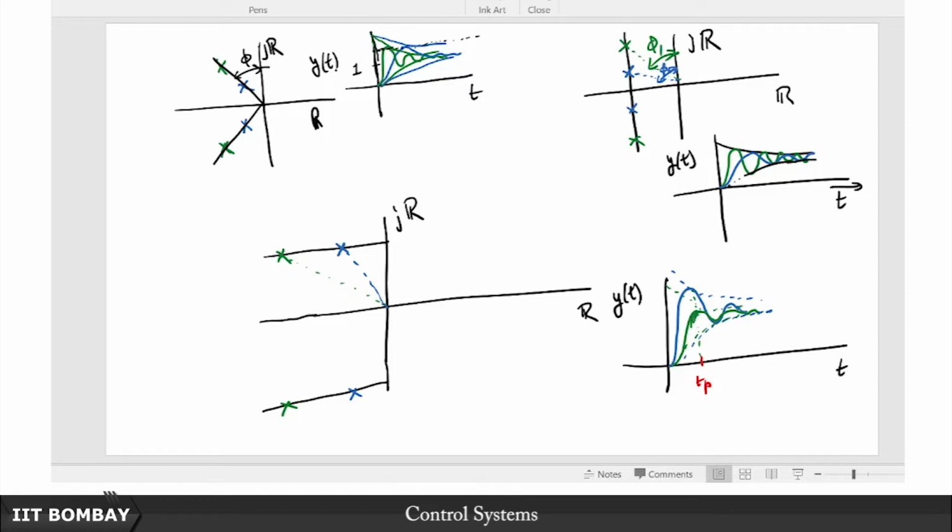How good are these? Is it really good enough to just study second order systems to understand the general behavior of systems? Can every other system be approximated by a second order system? It turns out that unfortunately that is not the case. So under what circumstances is all of this analysis that we have carried out actually going to be useful?